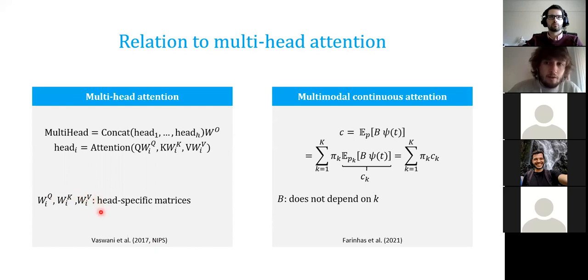So you have different matrices depending on the head. In our case, this matrix B here is fixed, so it does not depend on K. And the good thing is that this avoids head specific computations and enables a probabilistic interpretation of the resulting density as a mixture of densities.